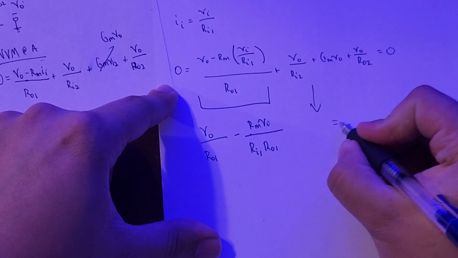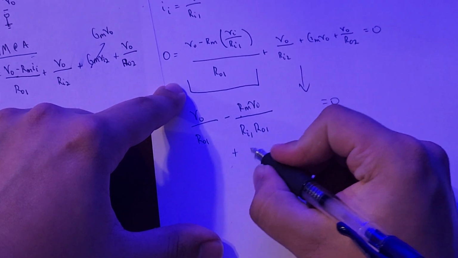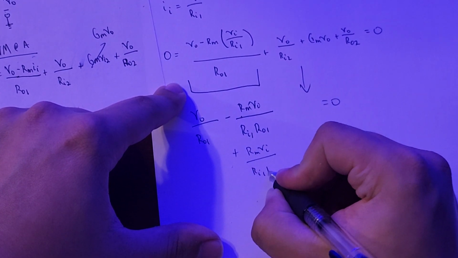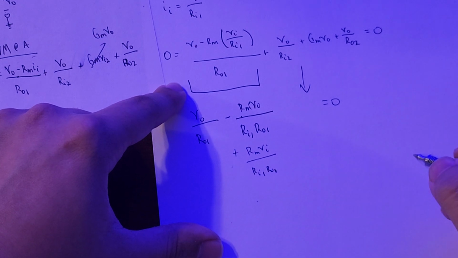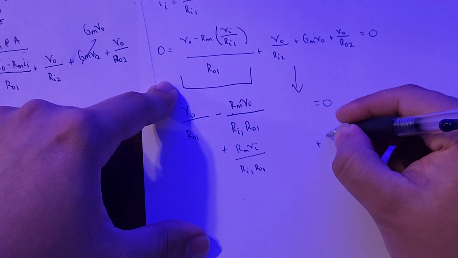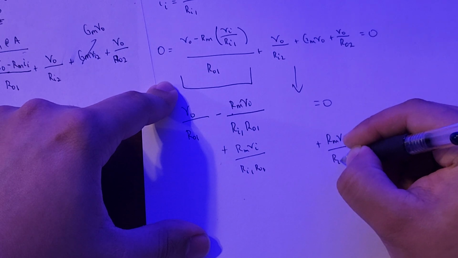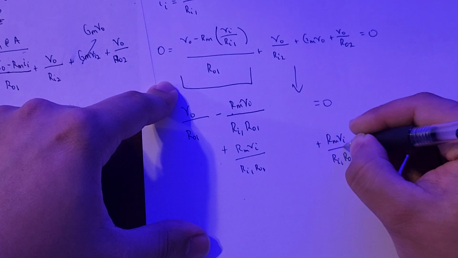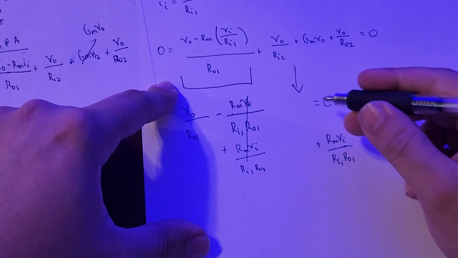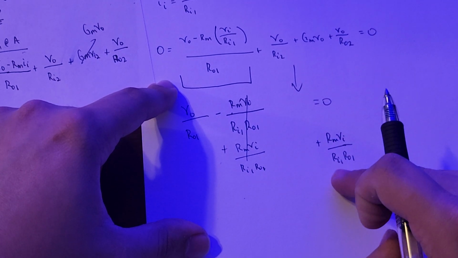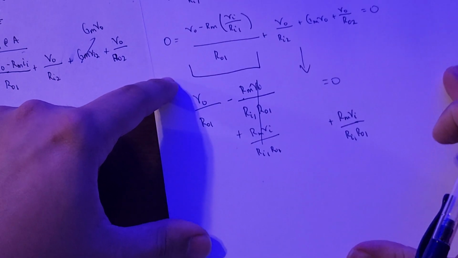But this is again equal to 0, so let's add Rm Vin over Ri1 Rout1 to both sides, of course. Now what we get here is this cancels, and then we have VO is equal to VI. Of course, it has some resistances here.